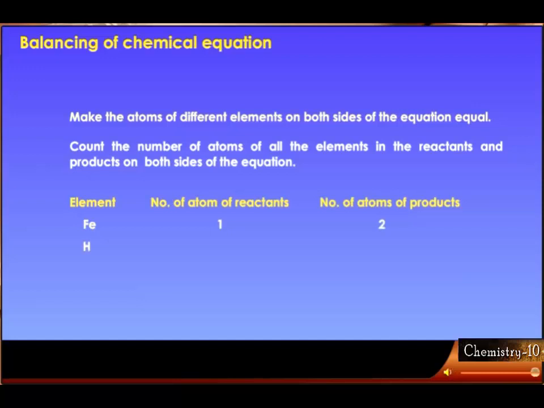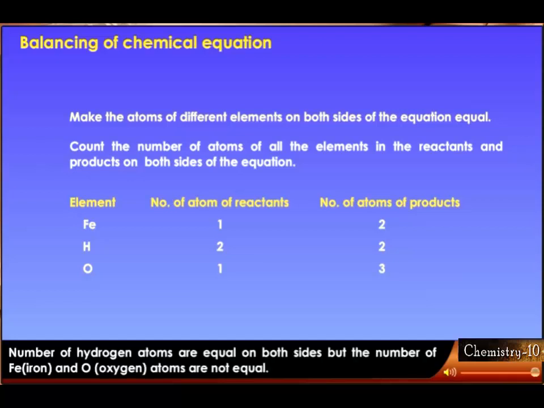Element H: reactants 2, products 2. Element O: reactants 1, products 3. The number of hydrogen atoms is equal on both sides, but the numbers of Fe (iron) and O (oxygen) atoms are not equal.